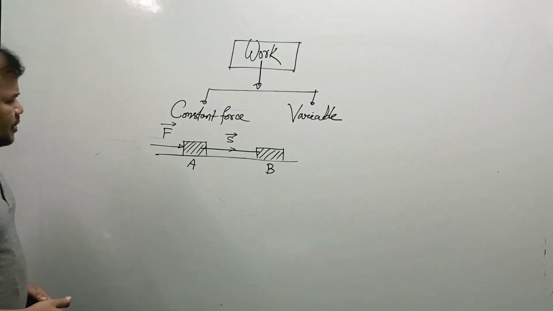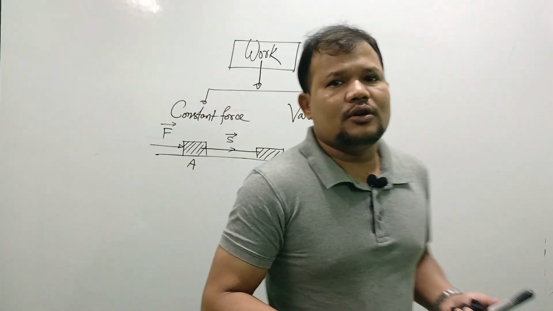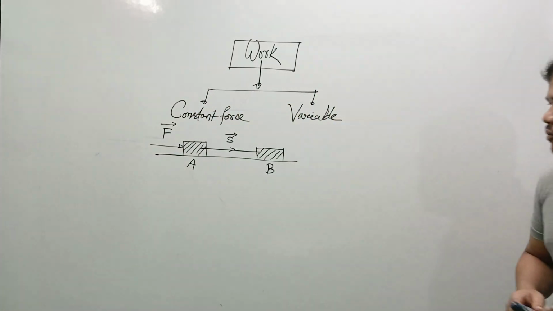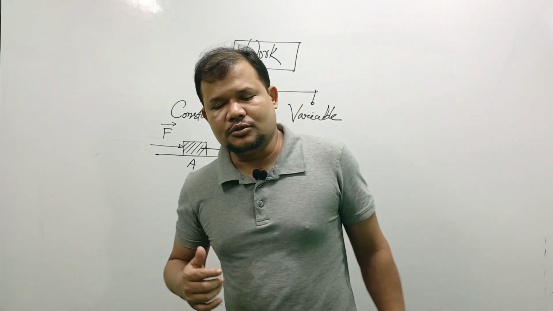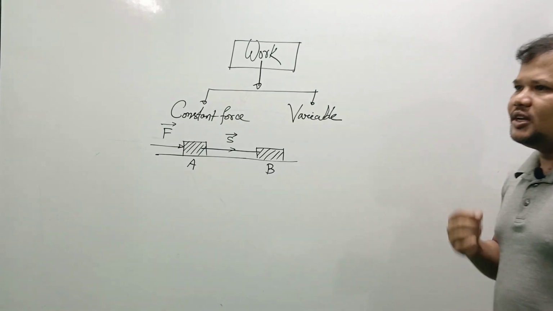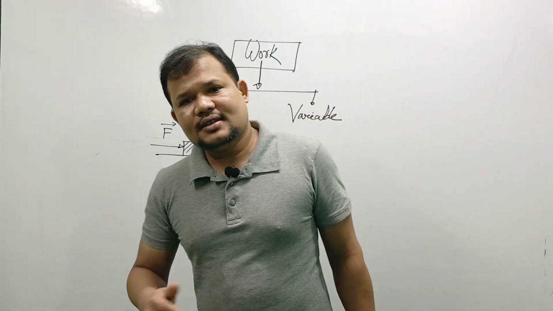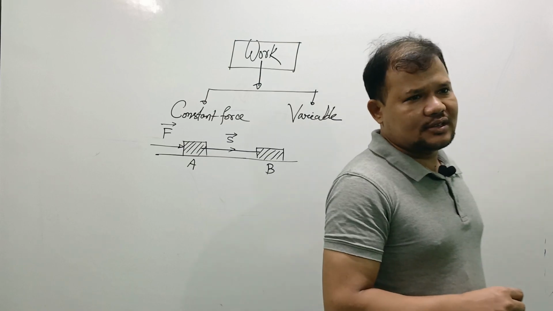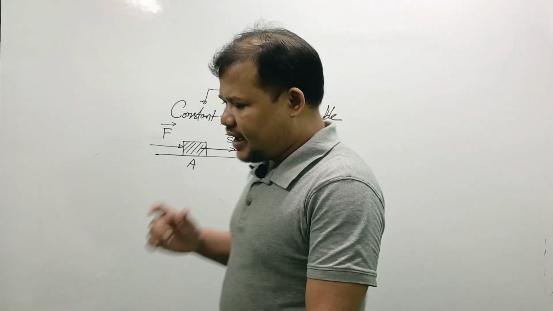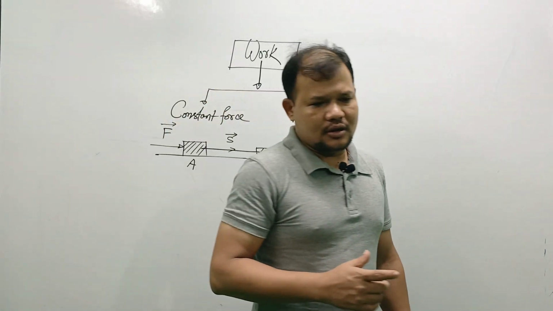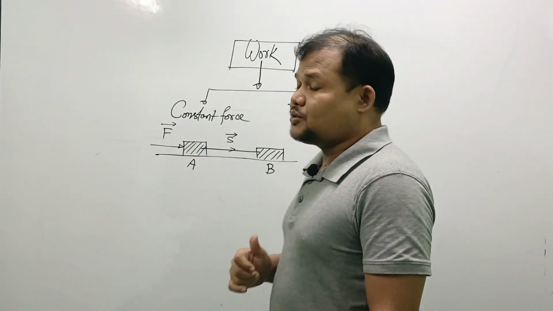Now, how can we measure the work? My dear students, always try to understand, if you want to measure the work, at first you must be clear that work is a scalar quantity. In our physics second chapter, vector, there are two special operations: one is scalar product and another is cross product.